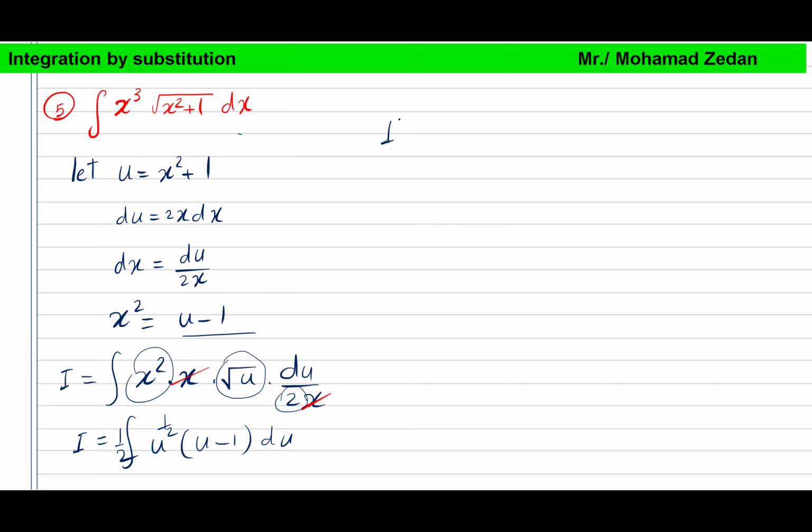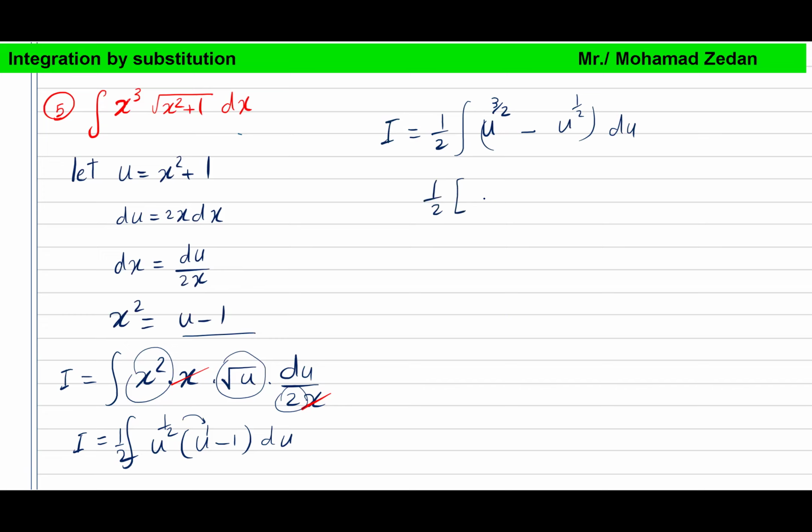So the integral now is equal to 1/2 integral of, by multiplying, u power half times u is u power 3 halves, minus u power half times 1 is u power half, with respect to u.